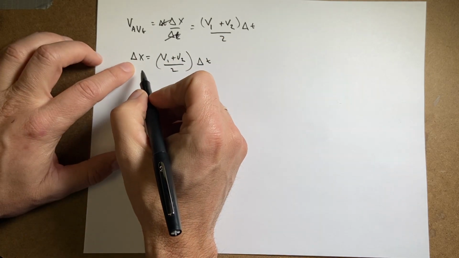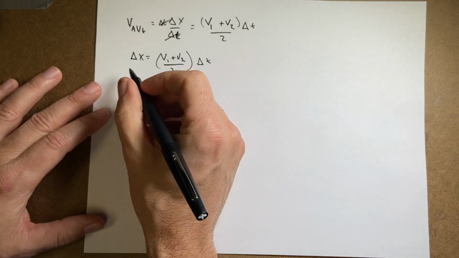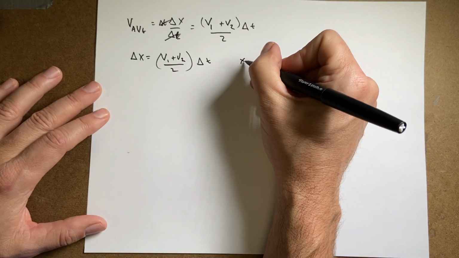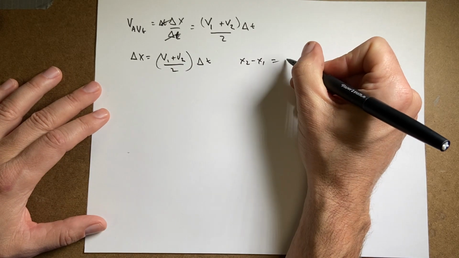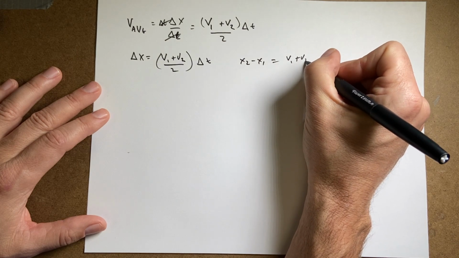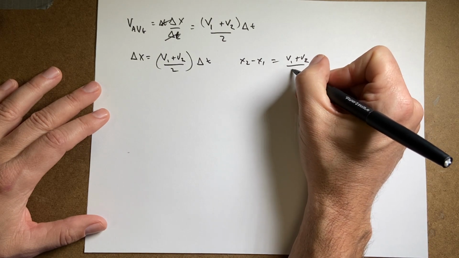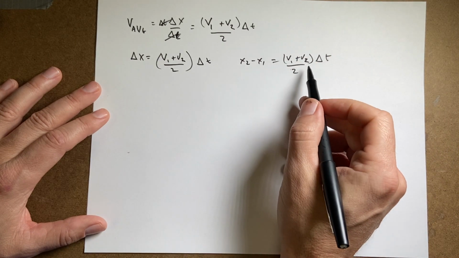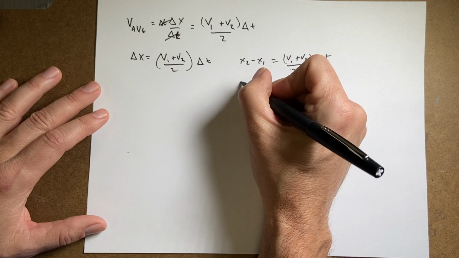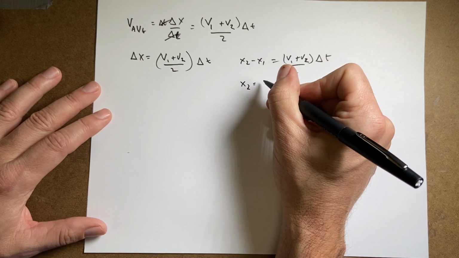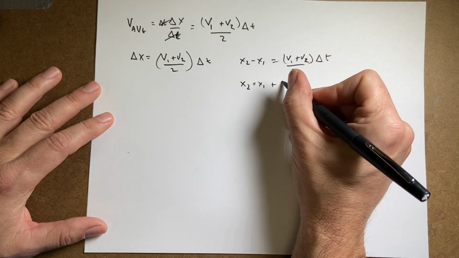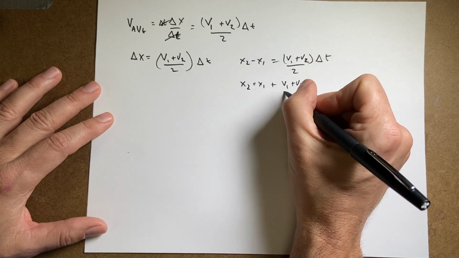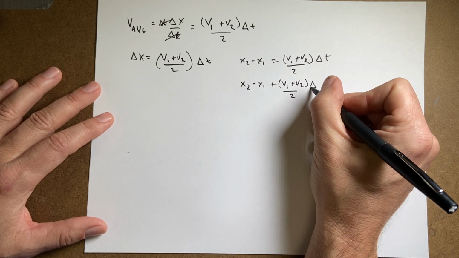Now I'm going to replace delta x with x2 minus x1, so I get x2 minus x1 equals v1 plus v2 over 2, times delta t. Finally, I'm going to add x1 to both sides of the equation, and I get x2 equals x1 plus v1 plus v2 over 2 delta t.